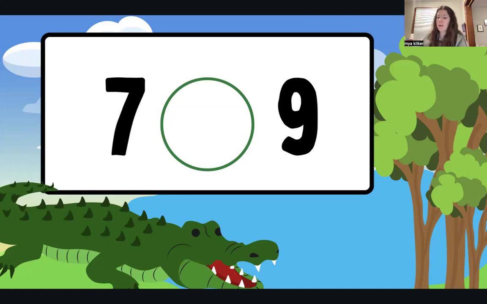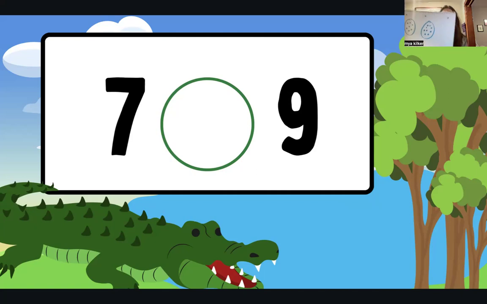You can also draw a picture if you're having cookies and you have a plate of 7 cookies versus a plate of 9. 1, 2, 3, 4, 5, 6, 7, versus 1, 2, 3, 4, 5, 6, 7, 8, 9.